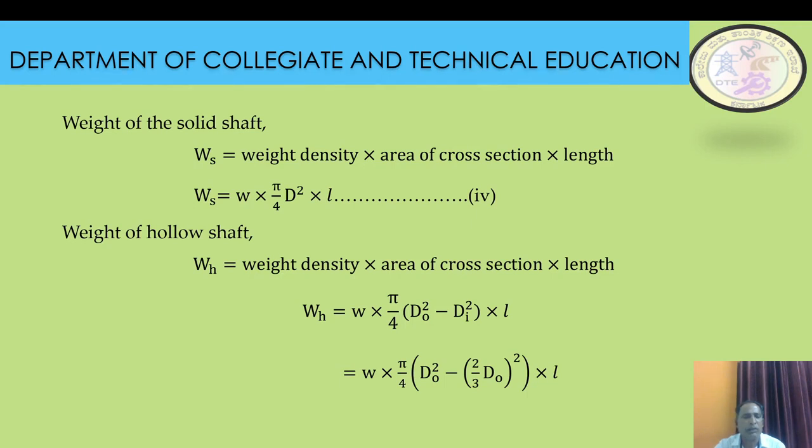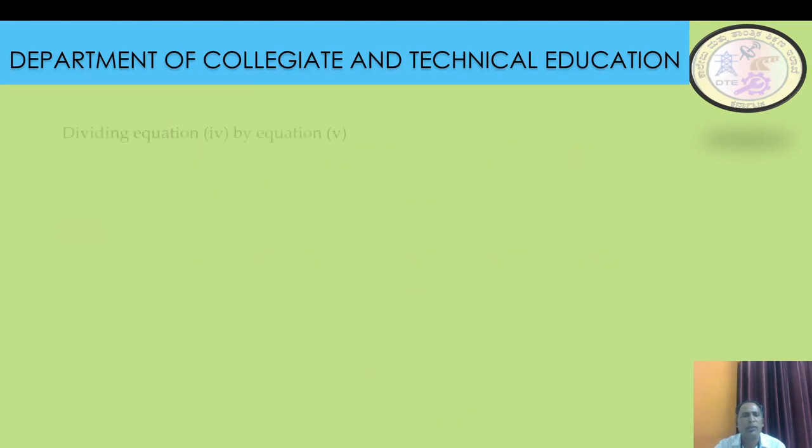That equals weight density into pi by 4 into DO square into (1 minus 4/9), since 2 square is 4 and 3 square is 9, into L. Call this equation 5.